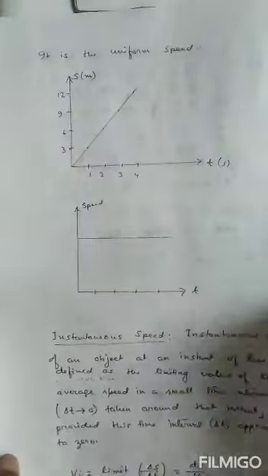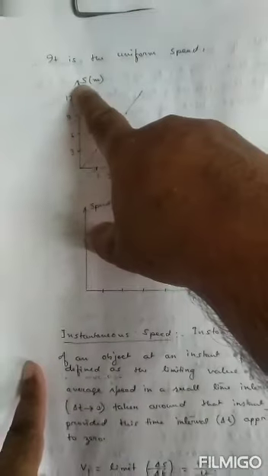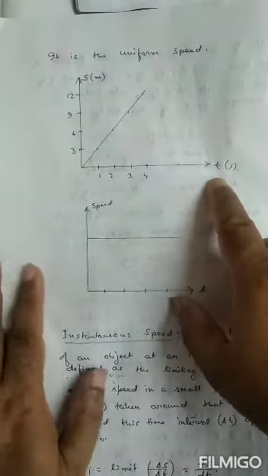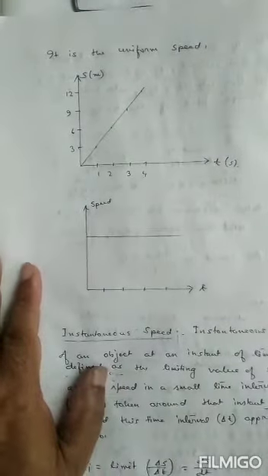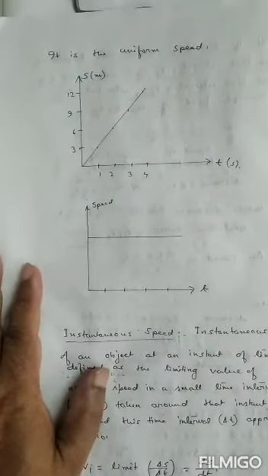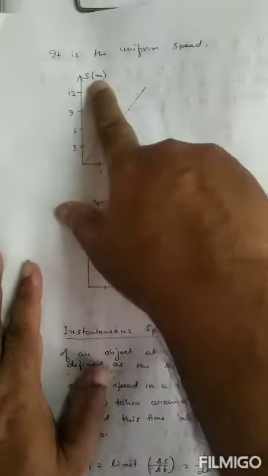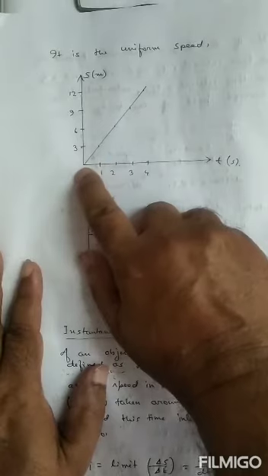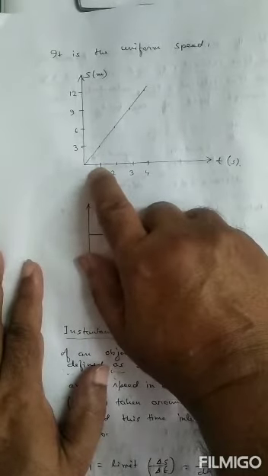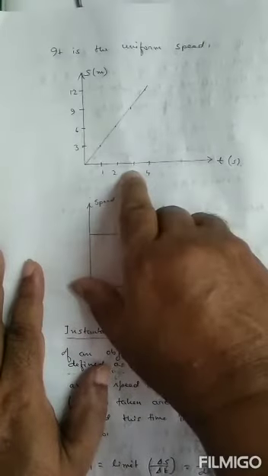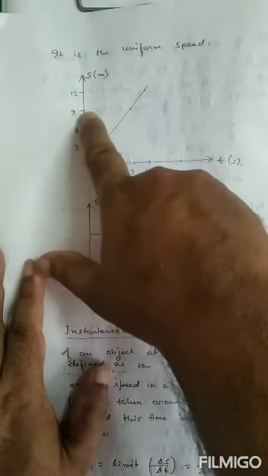Now, if we draw it graphically, distance along y-axis, time along x-axis. Generally, independent variable is always taken along the x-axis and dependent variable along the y-axis. When t is 0, s is 0; t 1 second, s is 3 meter; t 2 second, s is 6 meter; t 3 second, s is 9 meter.